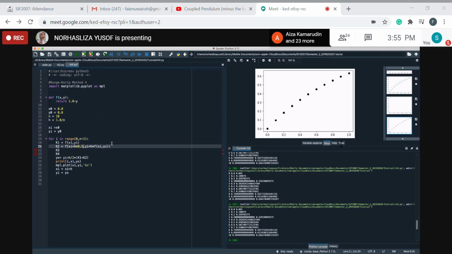So I remove this, y_i plus 0.5 times h times K1. And what is K3? K3 is also the same.